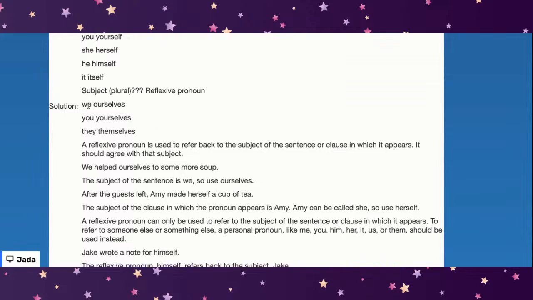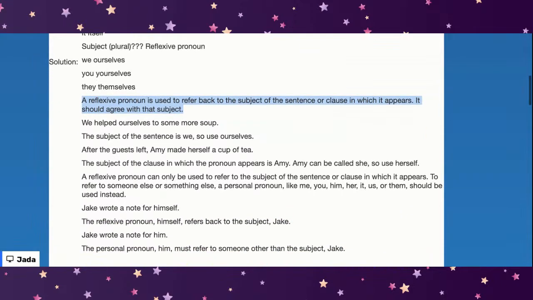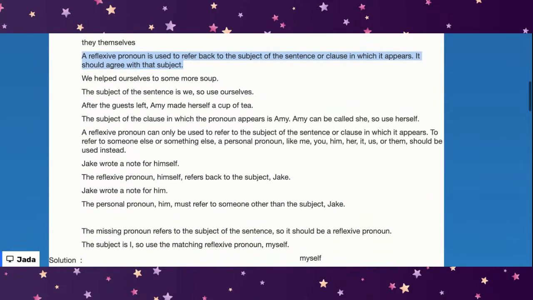And these are the plural: we, ourselves; you, yourselves; they, themselves. Now, a reflexive pronoun is used to refer back to the subject of the sentence or clause in which it appears. It should agree with the subject. If you want to express or explain the subject, you can use a reflexive pronoun.